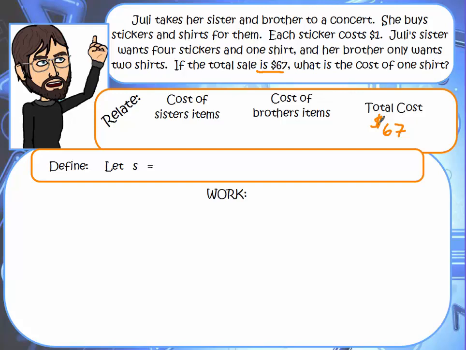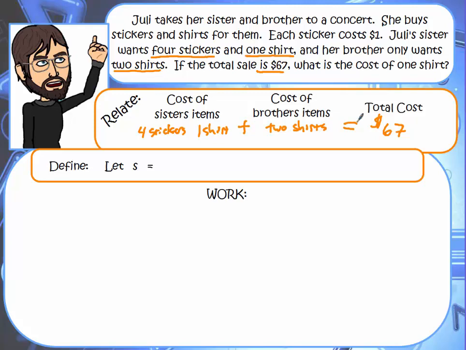And the cost of her sister's items, well, Julie's sister wants 4 stickers and 1 shirt. And the brother only wants 2 shirts. So I'm going to write 2 shirts. Now, when I add that together, the 4 stickers and 1 shirt plus the 2 shirts, that should equal $67.